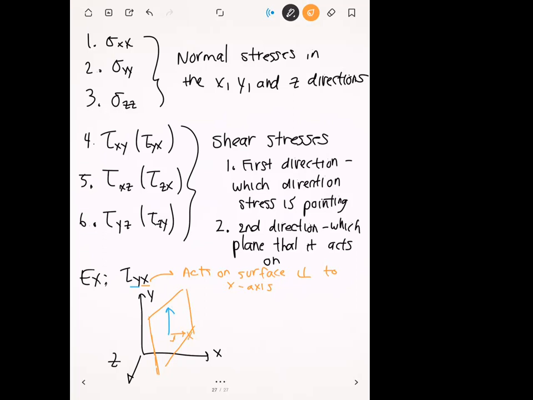So the x letter determines which way the surface is facing, and the y letter tells you which direction the stress is actually pointing. So tau yx is a stress that points in the y direction on a surface that's perpendicular to the x direction. It's a mouthful, but once you get used to the notation, it becomes a little bit straightforward.